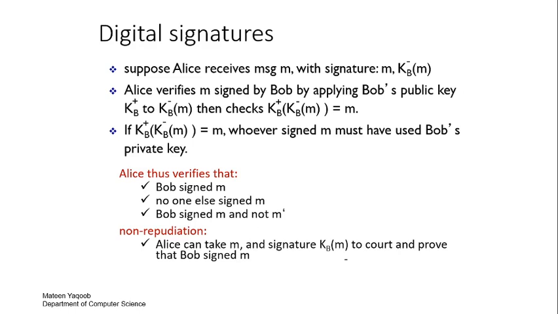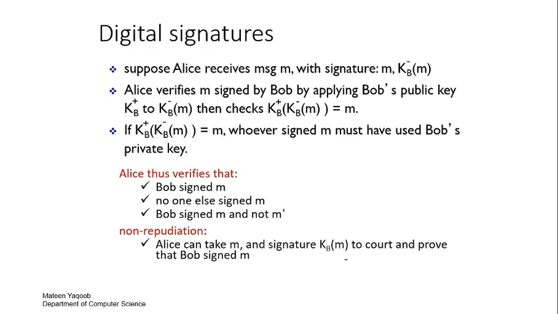Whoever signs M must have used Bob's private key. In this case, suppose an intruder, Trudy, has broken into Bob's place and signed with his signature. That means Trudy now has the private key of Bob. So whoever signed the document must have Bob's private key.